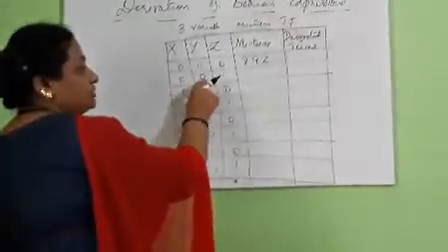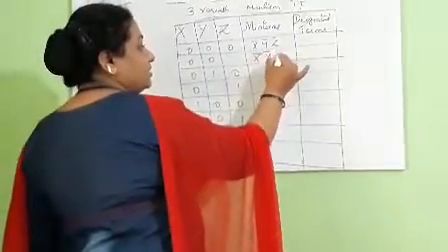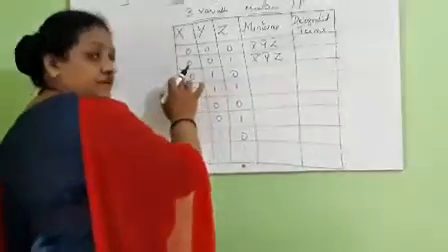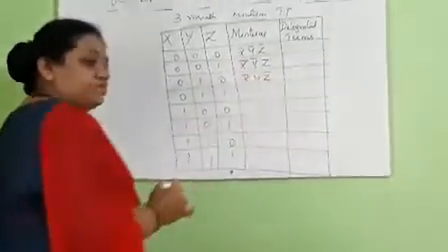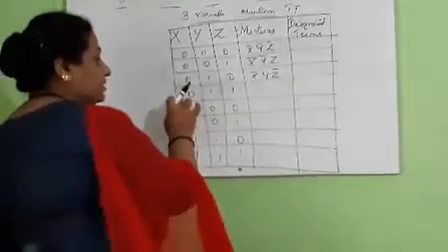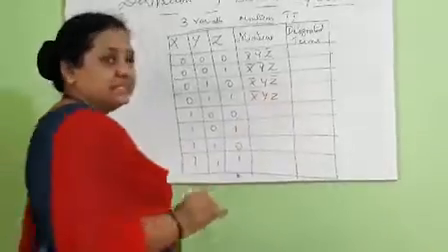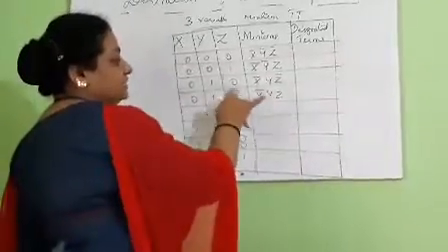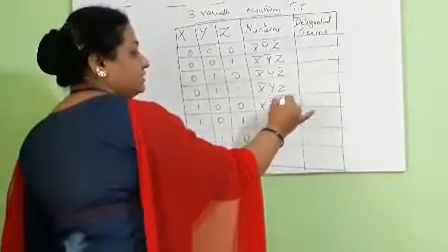So 0, 0, 1 will be x bar, y bar, z. Then x bar, y, z bar. Then x bar, y and z, because y is 1 and z is 1. Then x, y bar, z bar.